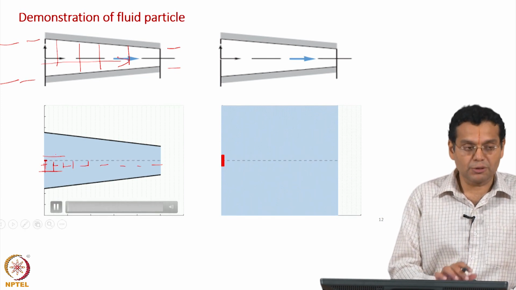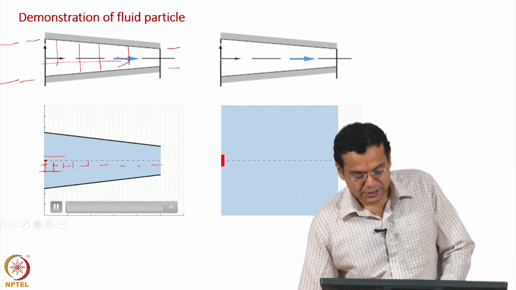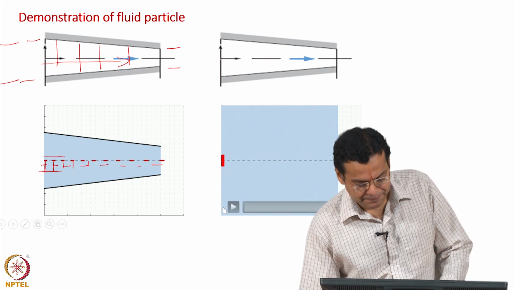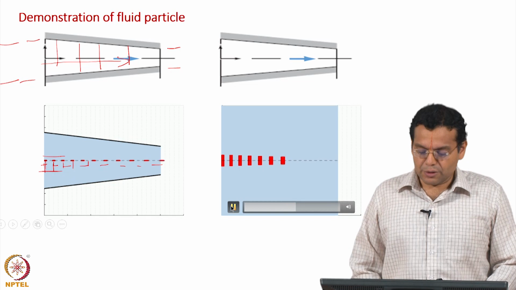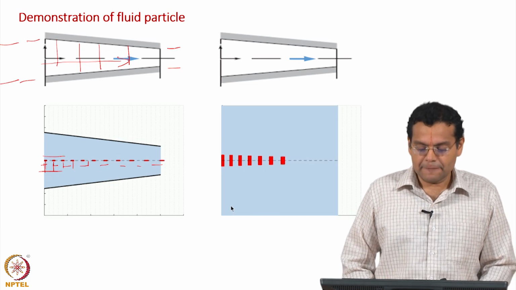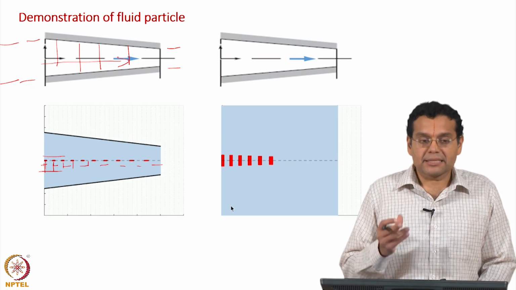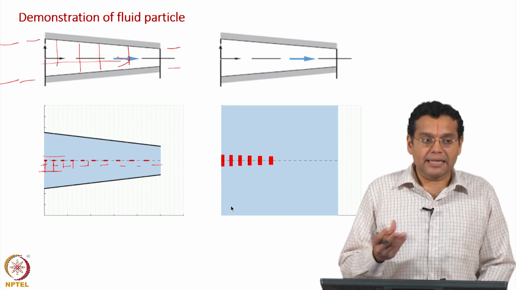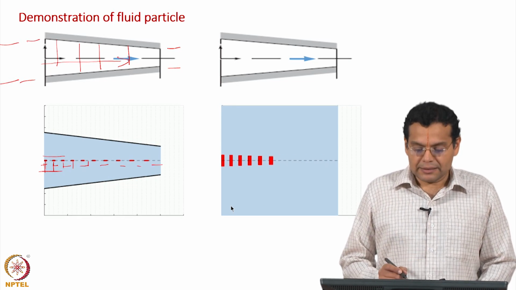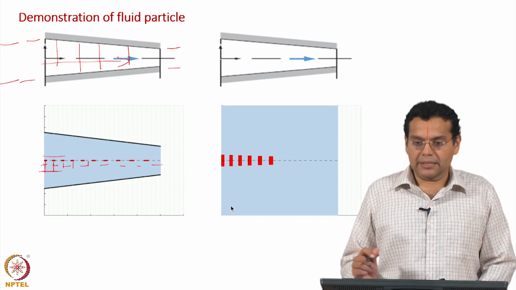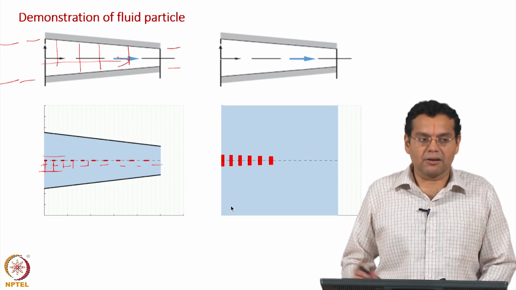Now, what I have shown on the right hand side is just a zoomed portion of this. If you run this video, what you see here is a change in the dimensions of the fluid particle. The length of the particle keeps increasing as it travels along the channel.